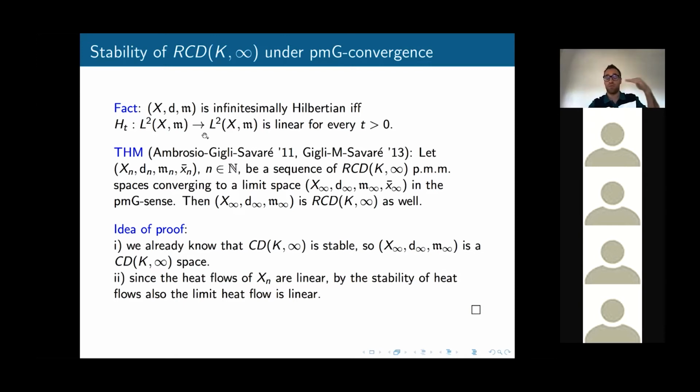Now, from the previous theorem, the heat flow passes to the limit, and then this implies that also the limit heat flow is linear, and so also the limit space is RCD(K,∞). Okay, so this is a brief sketch of the stability of RCD(K,∞). This idea of the proof is not so far from the real proof. It is really just a consequence of the stability of the heat flows, while the stability of heat flows is actually more tricky.